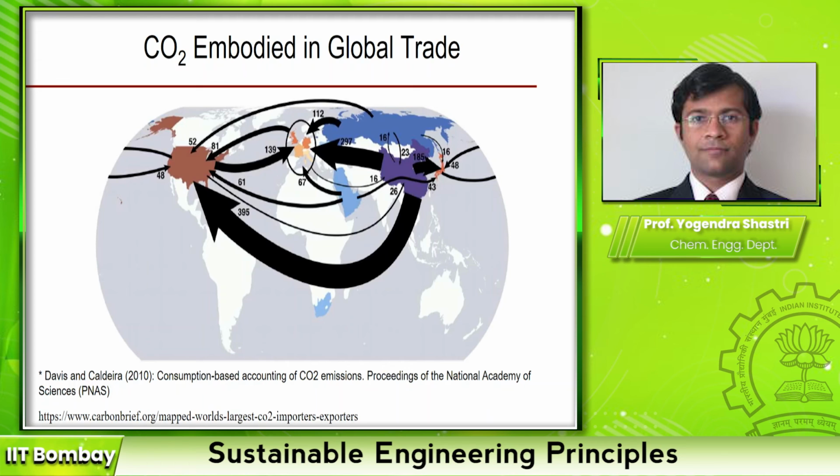So this is one example, and one very impactful example, which shows how important scope 3 emissions could be. And there are several such situations. There are several such instances when scope 3 emissions, which are related to the product that is manufactured, the raw material or a product that is manufactured somewhere else, has a very high impact, and the actual direct impacts are very low.